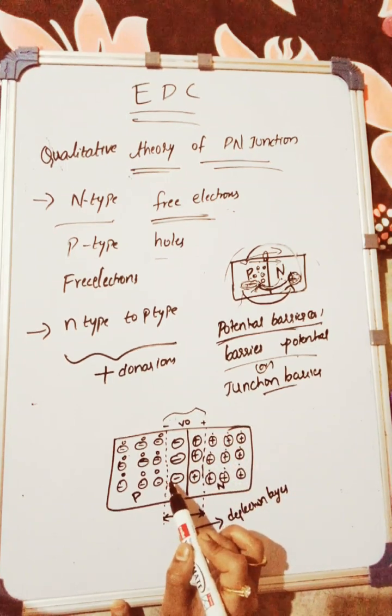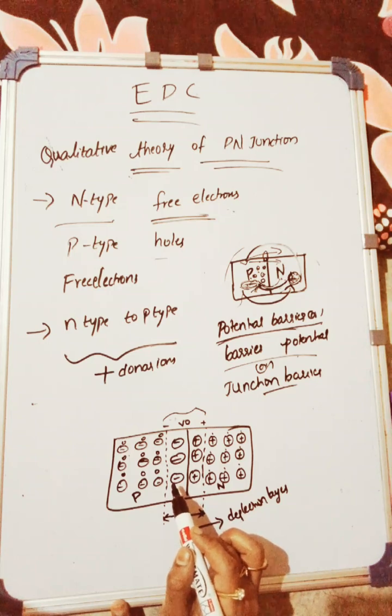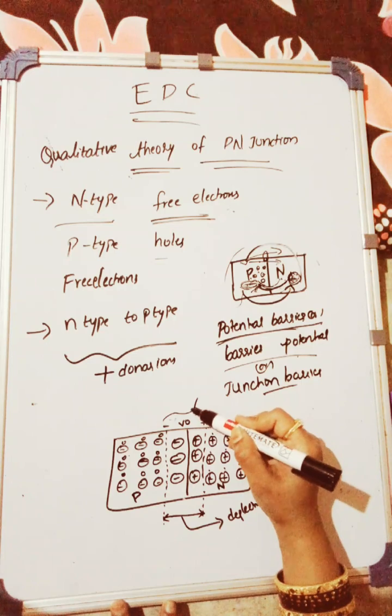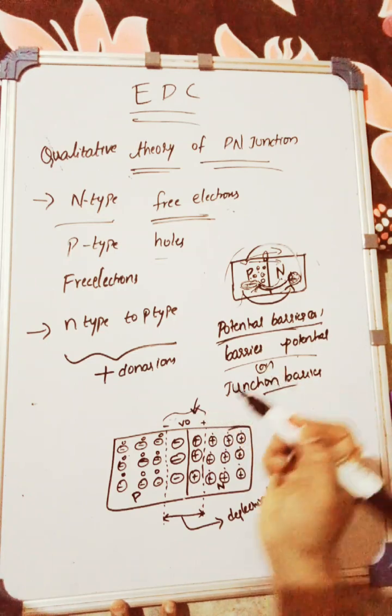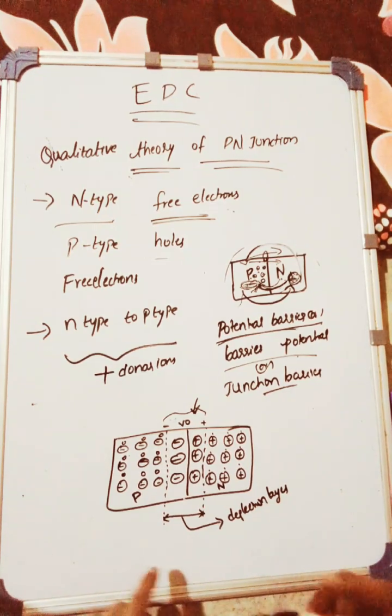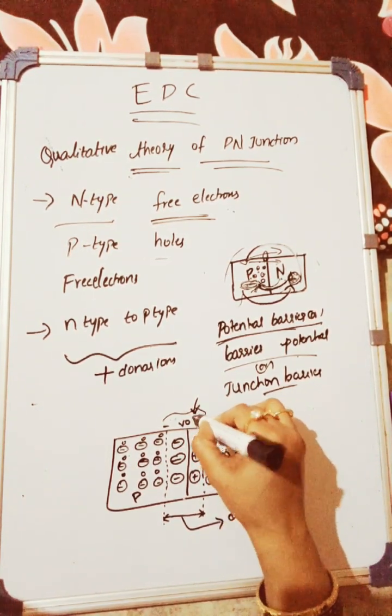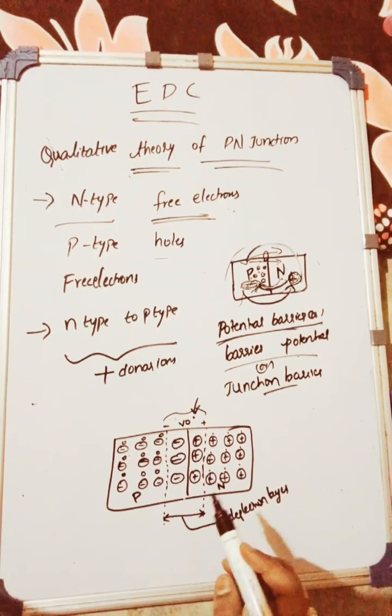This barrier potential indicates the amount of voltage to be applied across the PN junction to restart the flow of electrons and holes across the junction. So we have to apply some voltage for movement of electrons and holes. So here the voltage is applied across this junction.